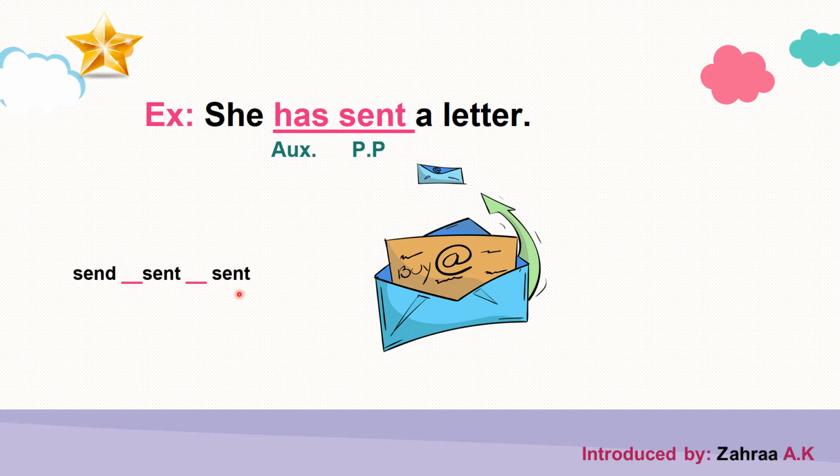So the past and the past participle sometimes are the same. أحيانا الماضي والpast participle، التصريف الثالث للفعل، يكونون نفس الشكل. We must focus on that the subject she is singular, so it takes the auxiliary verb has. وبعد ال has دائما past participle. So let's see the structure to learn more about that.